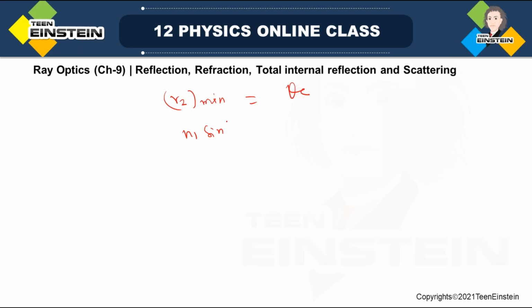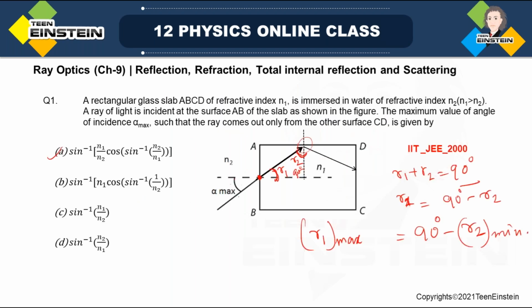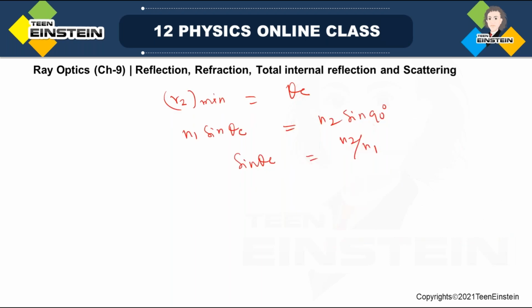N1 sine theta c is equal to n2 sine 90 degree. Okay, this is the case. Then you know sine theta c will be n2 by n1. Okay, so this also we get.